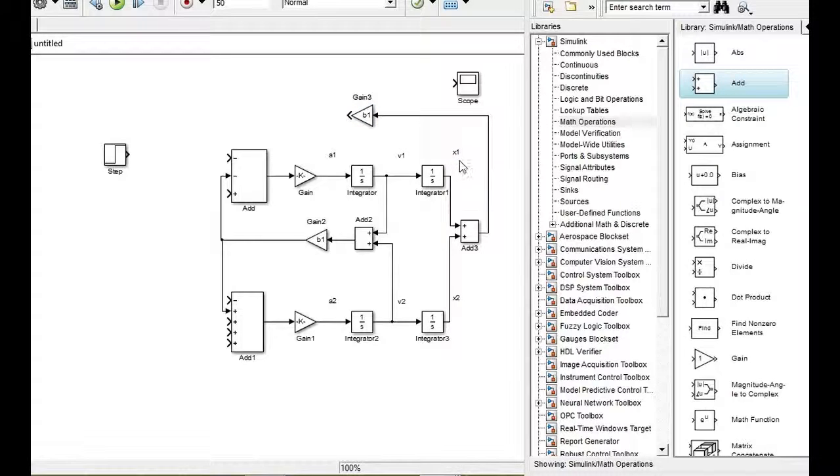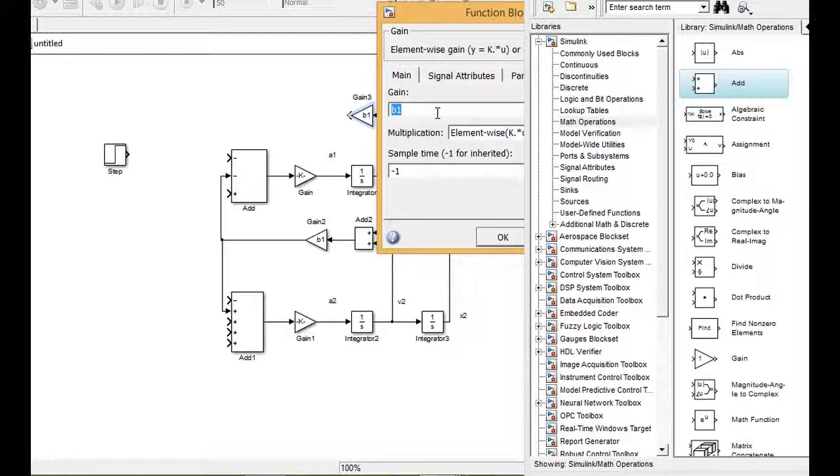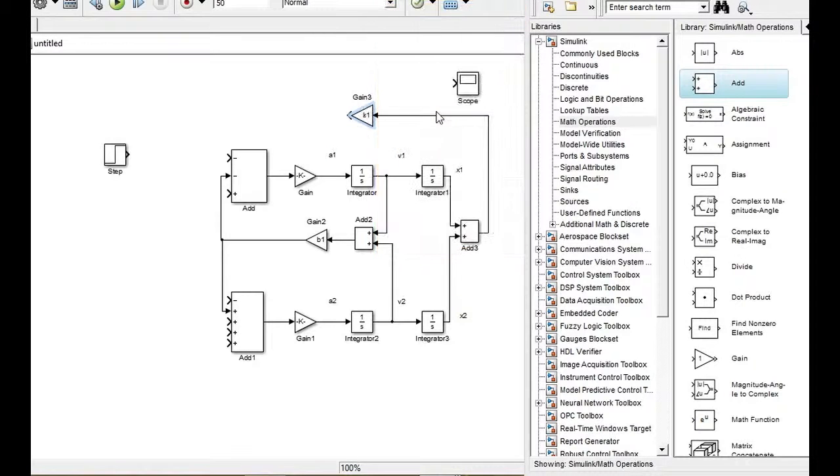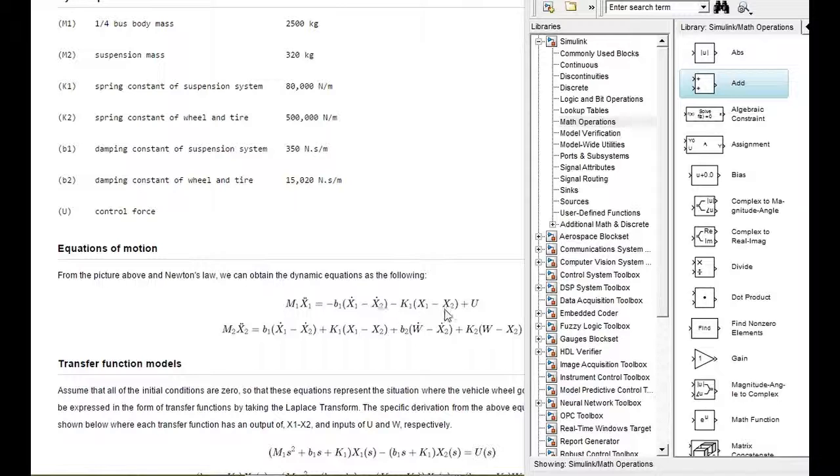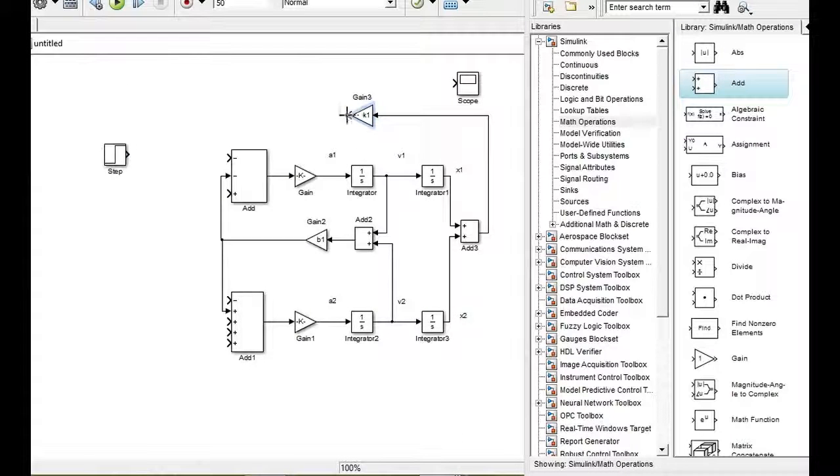And I would like to change that v1 block to k1 now, because it is x1 minus x2 times k1, so this is k1. Okay, and this k1 goes to the negative sign, because you can see it's minus k1 times x1 minus x2, and similarly it's plus k1 times x1 minus x2 on the second equation.